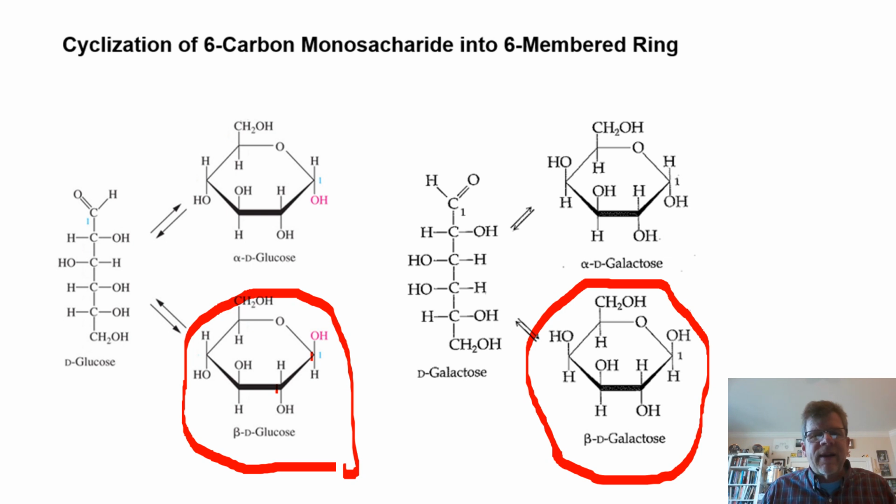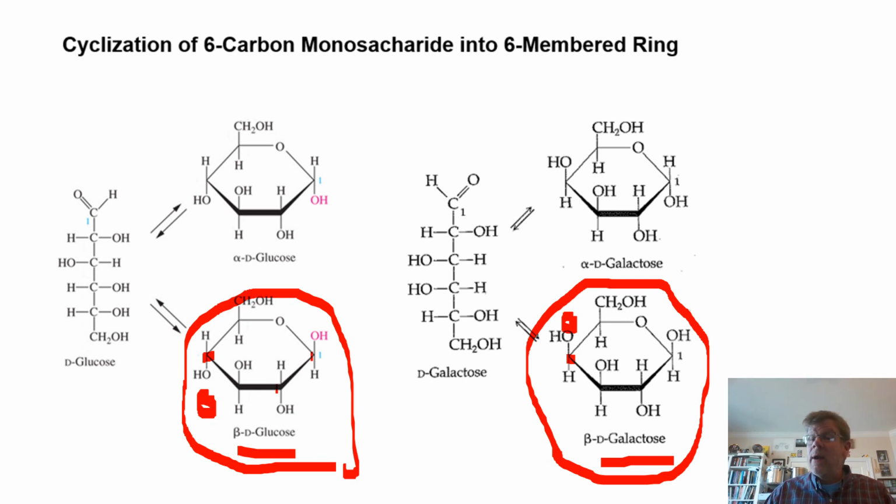If we are careful, though, if we look over at the furthest carbon on the left in this Haworth projection, there is a slight structural difference. On that furthest carbon on the left, on glucose, we have the hydroxyl pointed downward, down here. On galactose, we have the hydroxyl pointed upwards here.